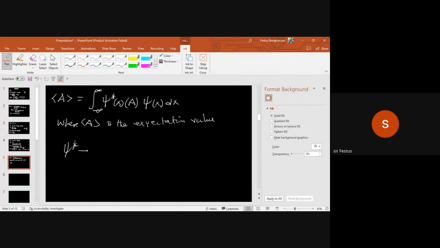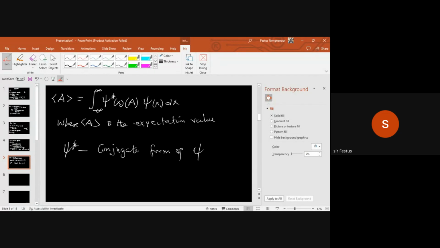So take note, psi star is the conjugate form of the wave function psi, and we know what the conjugate means. The conjugate means that it's the complex conjugate, so you negate the complex part of the function, any function that you have.